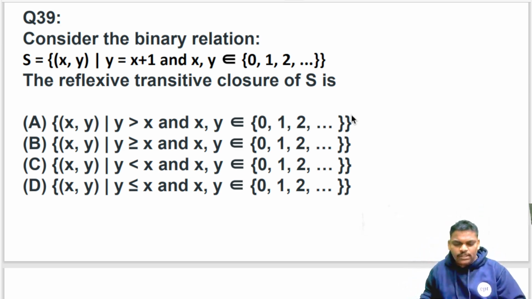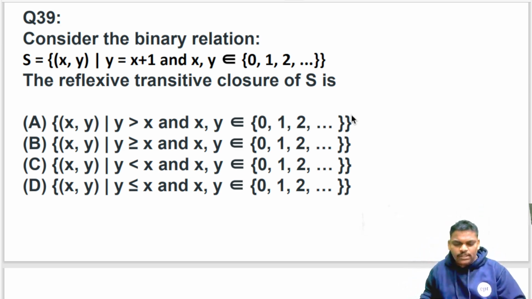The question is asking for both the reflexive closure plus the transitive closure of S, so all you have to write is (0, 1), (1, 2).